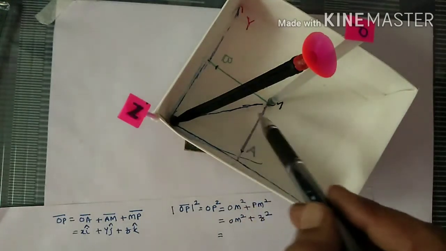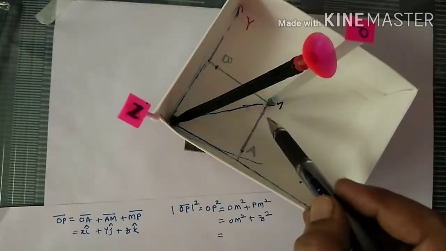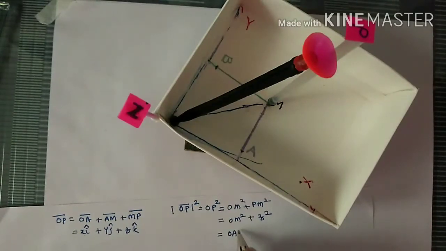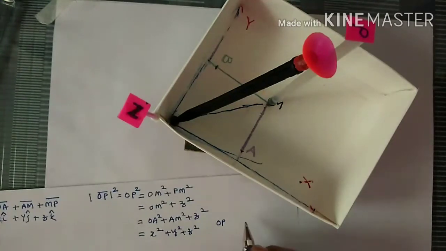Now we have to find OM square. See here, this is OM. MA is perpendicular to the x axis. So OM square is equal to OA square plus AM square. So OP square is OA square plus AM square plus z square. Now distance OA is x, so OA square is x square. Distance AM is y, so AM square is y square. And this is z square. So OP equals root of x square plus y square plus z square.